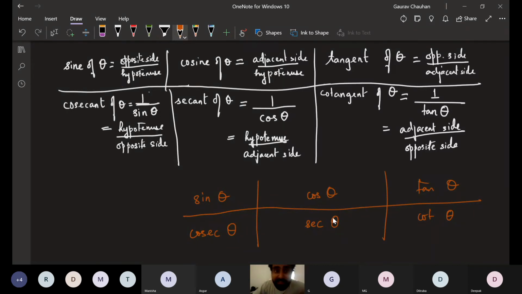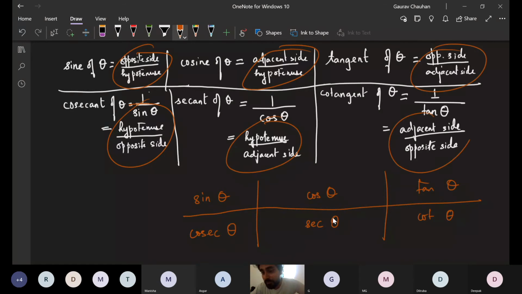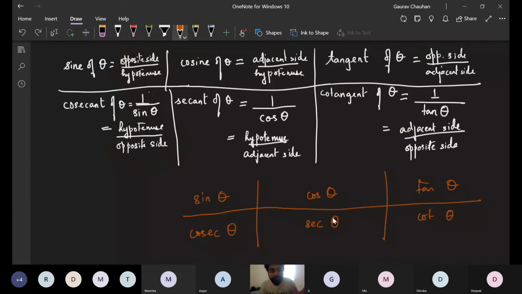Based on these 6 ratios, there is one whole branch of mathematics which we are just starting now, and it is so deep, so profound, that the distance of the moon, the distance of the sun, so many calculations in astronomy, so many things with regard to where satellites should be positioned, how much angle they should have, the mobile phone which you're using today, at which angle they should broadcast the waves, so many applications are built on it.